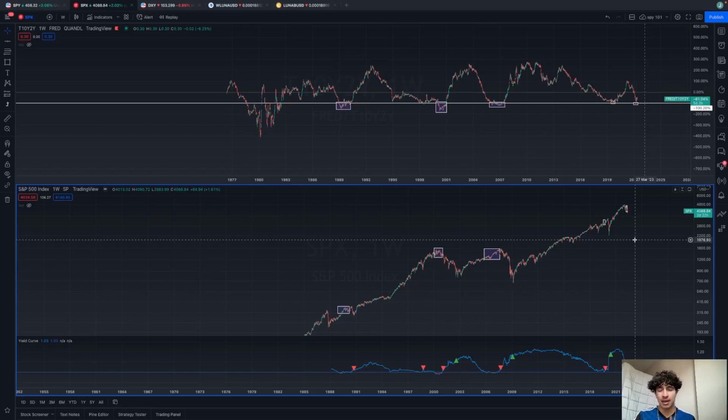I found that really interesting, the fact that the markets have lost more in value than they did in 2008 or the dot-com crash, especially since everyone has been comparing this to that time.